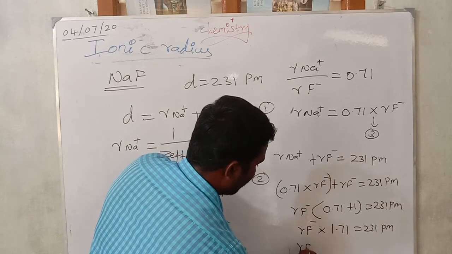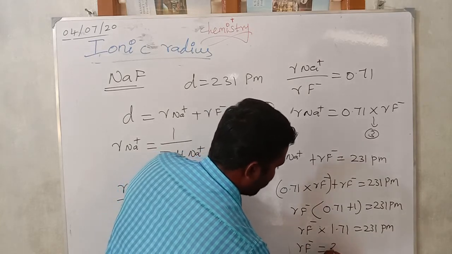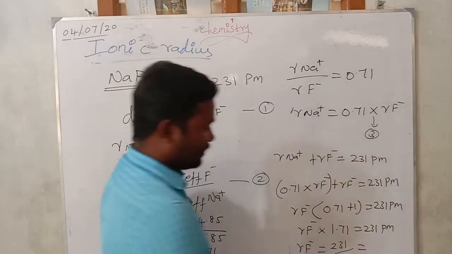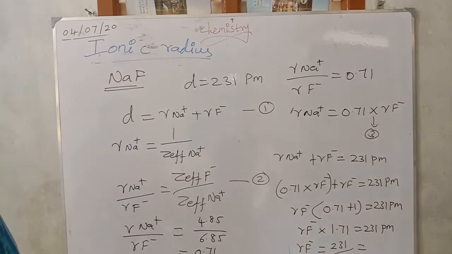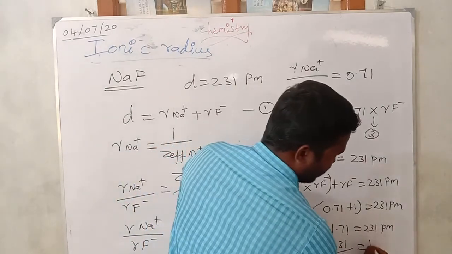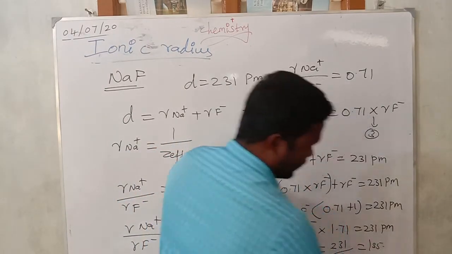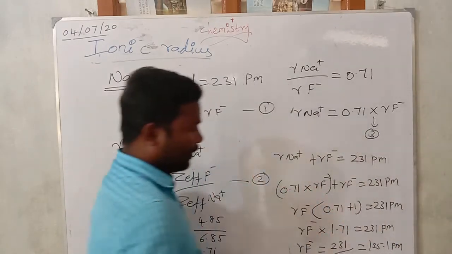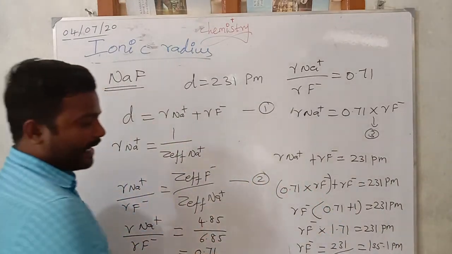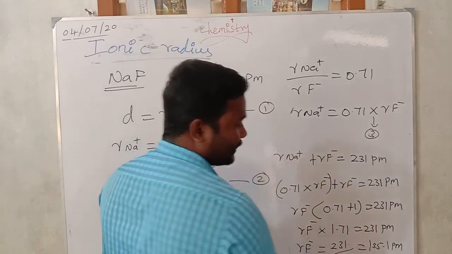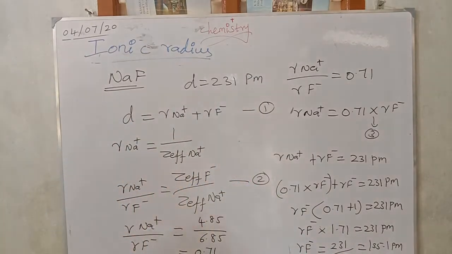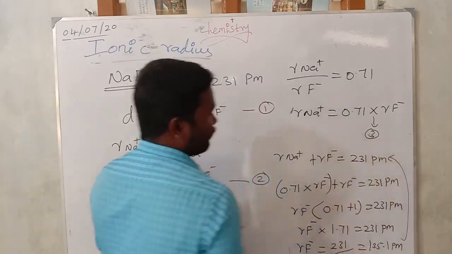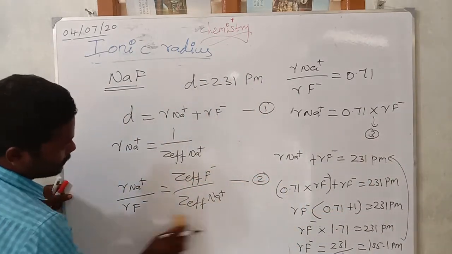So the radius of fluorine is equal to 231 divided by 1.71. The final value of the radius of fluorine is 135.1 picometer. Now you found the radius of fluorine, that is 135.1 picometer. That value, if you apply it in the above equation, you can find the radius of sodium also.